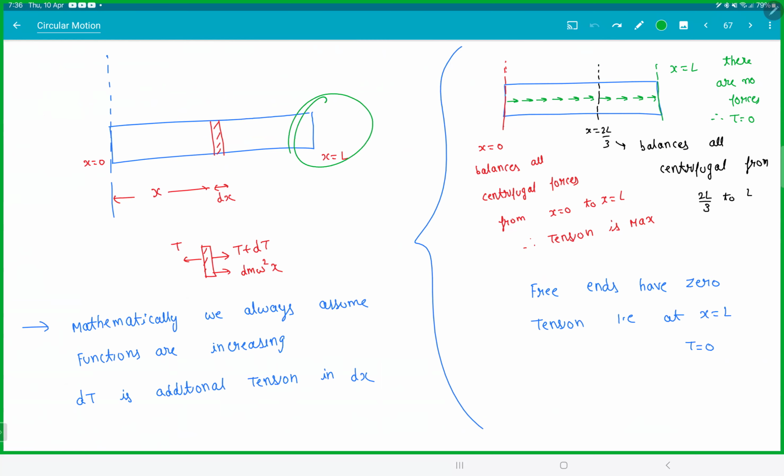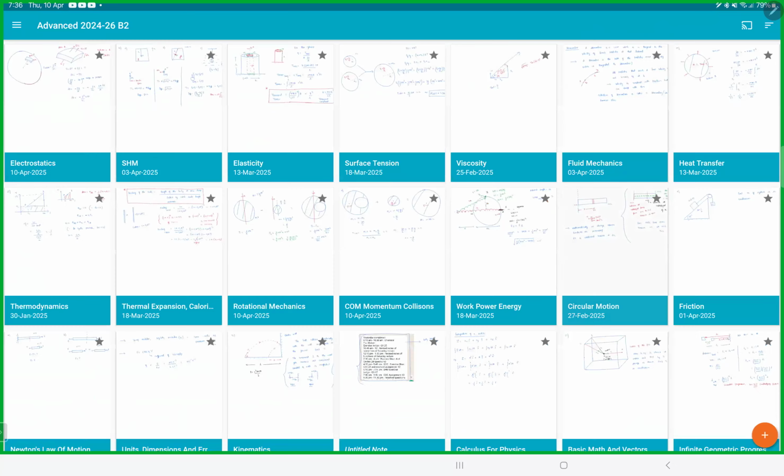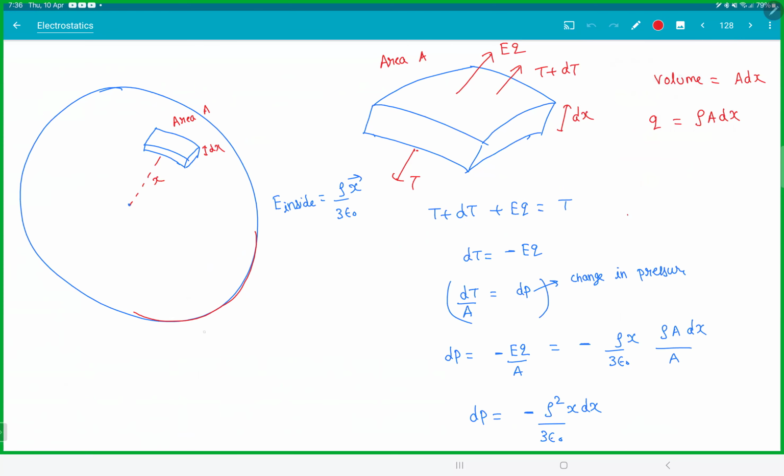So the tension here was zero actually. So the pressure on the surface was zero. There is no one to push or pull the outer surface. Remember this thing, free ends have zero tension. Quite a useful one. We'll again encounter this in gravitation.